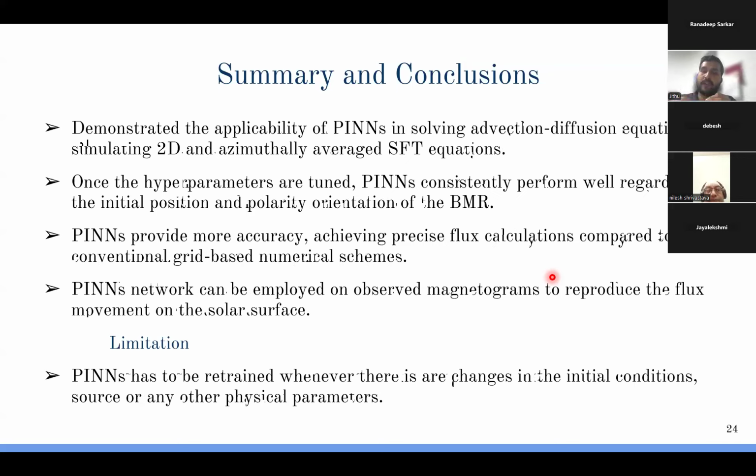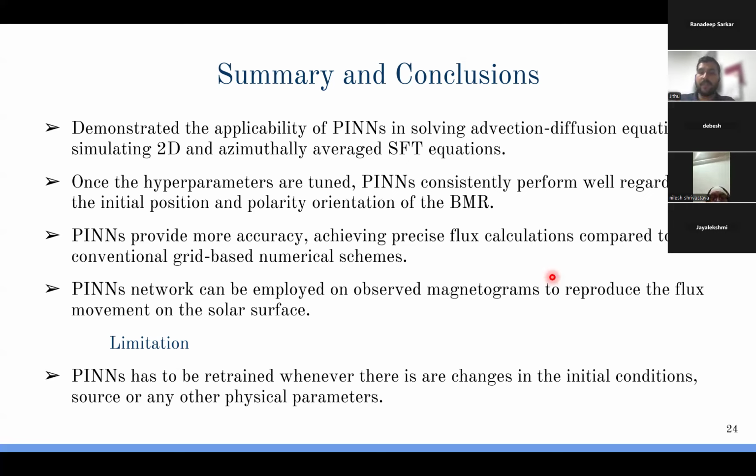And you will also have to retrain the PINN, because one PINN run is like one simulation. So if you want to change the simulation parameters, then you will have to run the simulation again. Just like that, PINN has to be retrained whenever you change any of the physical parameters.